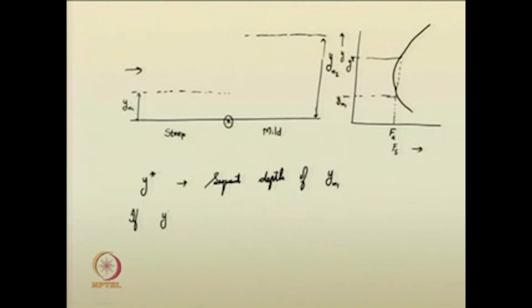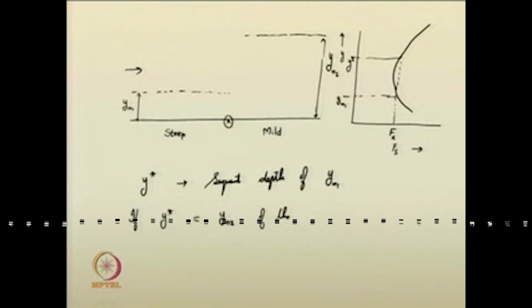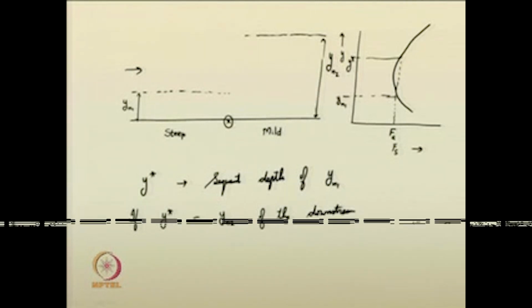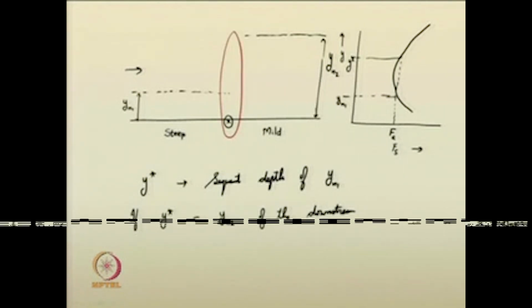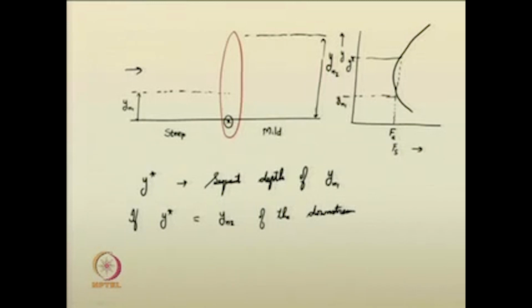If your y star is equal to the normal depth of the downstream, you will see that the jump occurs at this junction itself. There is no shifting of the jump, that is, it is not in the steep channel or in the mild channel, it is exactly at that junction itself that the jump occurs.